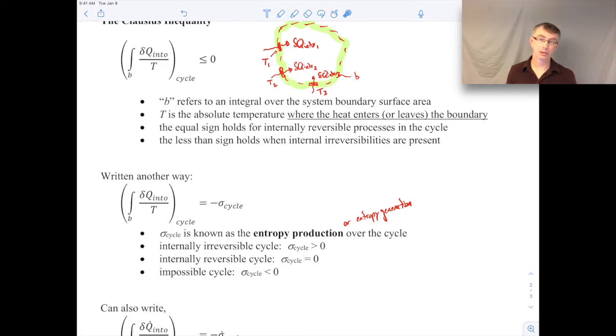So this gives us a way to determine whether a certain process or a certain cycle is possible or not. If you get a negative entropy production, then you know it's impossible. You can't possibly do it. It always has to be greater than 0 for any real process and equal to 0 if it's idealized, meaning internally reversible.